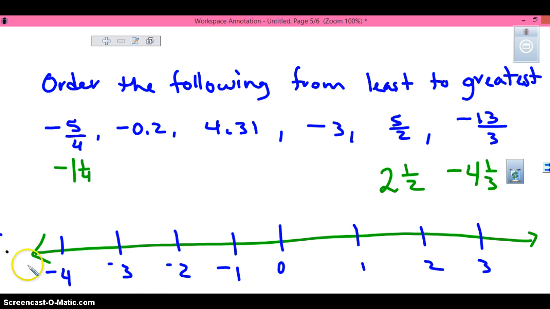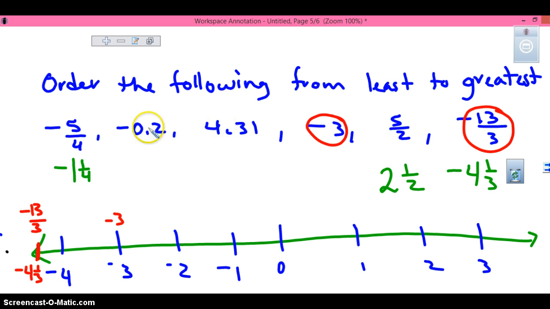So -4 and 1/3 would be somewhere around here. It would be -4 and 1/3, which was given to us as 13/3. Then the other negative, we have a -3 right here. Then we've got -1 and 1/4, that should be somewhere around here. -5/4, which we wrote as -1 and 1/4.